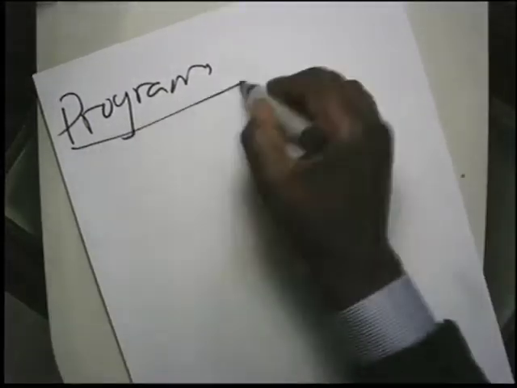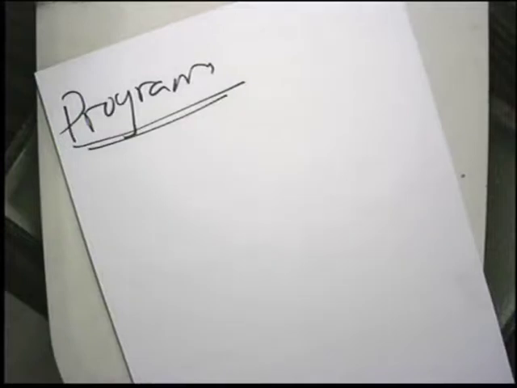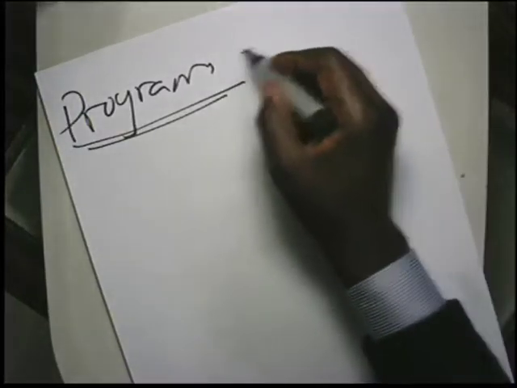Now, what is the function of this in writing a program? In front of program, you write the program name for me. Something like a title, something like a topic, what the program is all about.